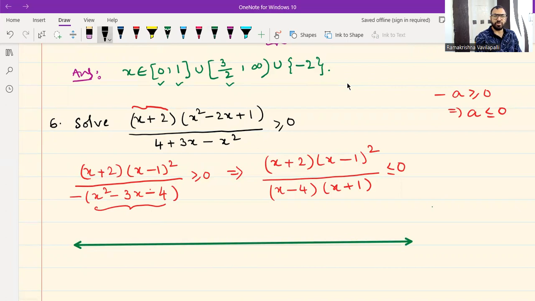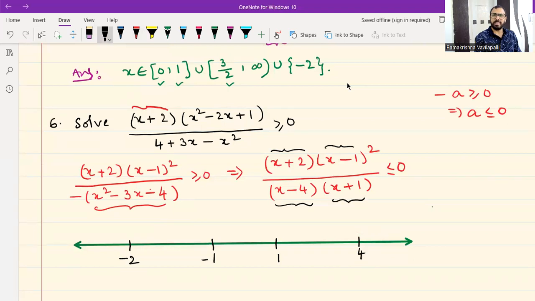This first factor is 0 when x equals minus 2, and this factor is 0 when x equals 1. And this factor is 0 when x equals minus 1, and this factor is 0 when x equals 4.